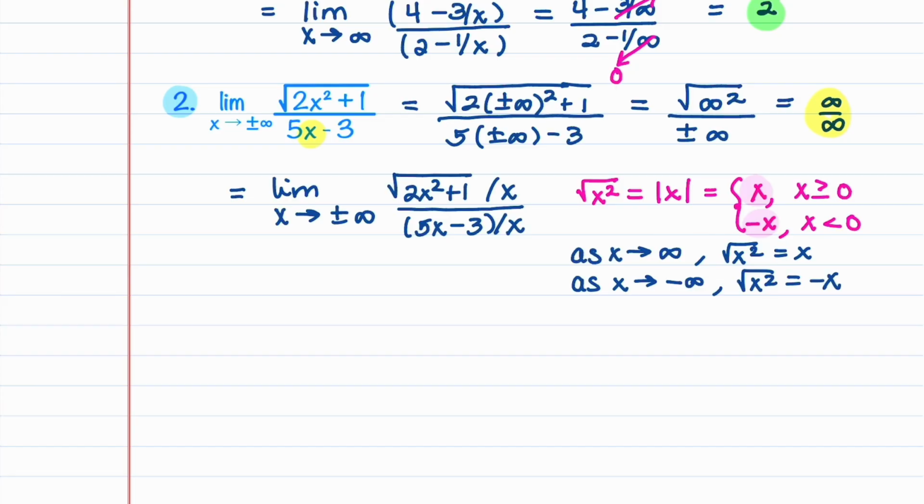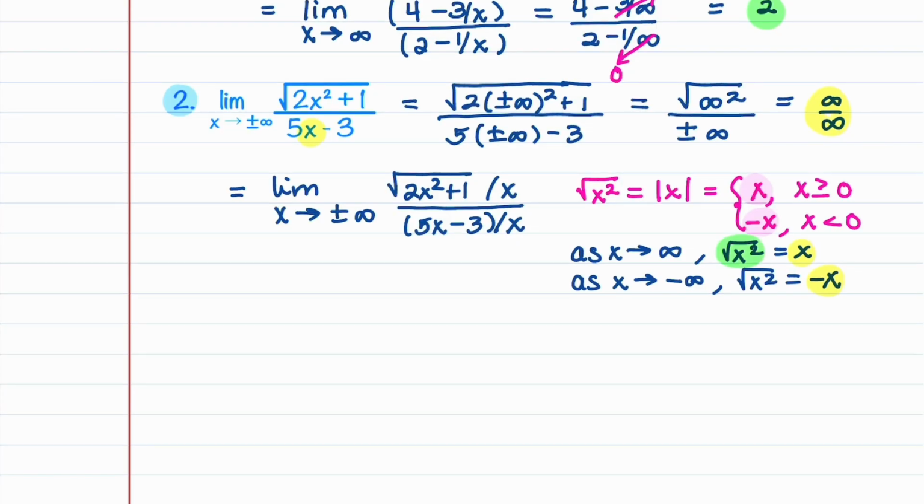Now let's apply this to our limit. Notice that we have a different value as x goes to infinity and as x goes to minus infinity. This means that we're going to have to look at our limits separately. Our first limit is the limit as x goes to infinity, square root 2x squared plus 1, all divided by 5x minus 3.